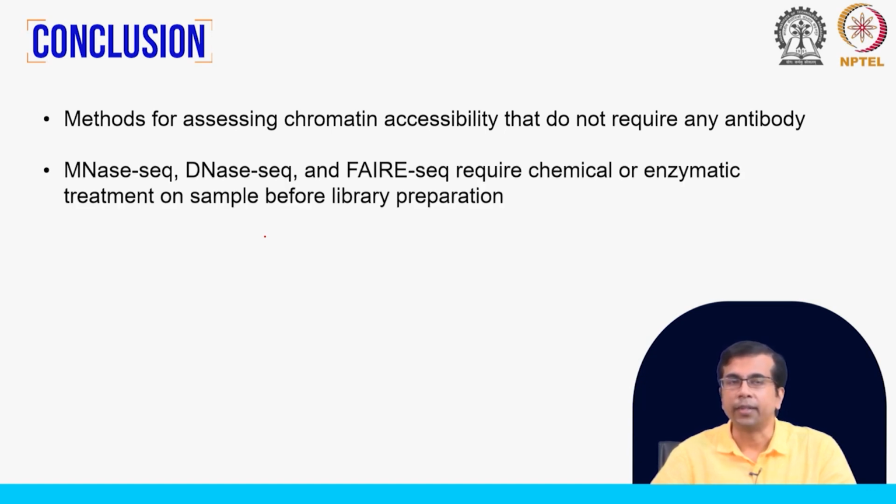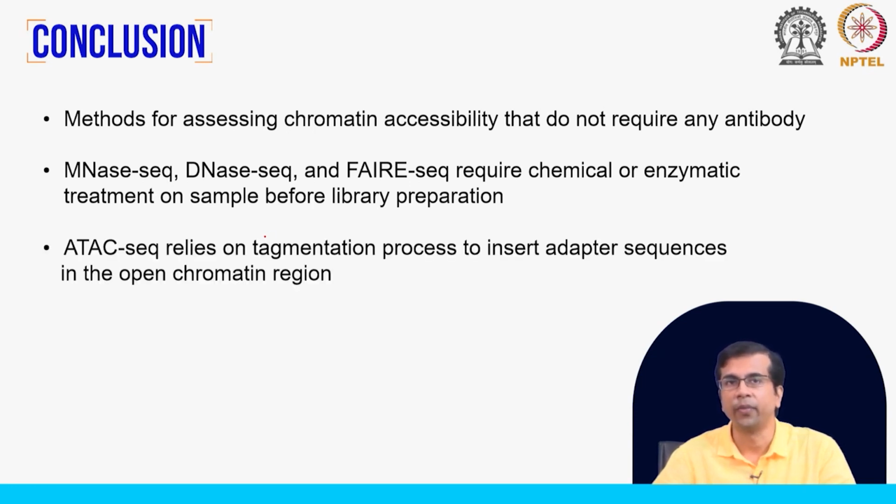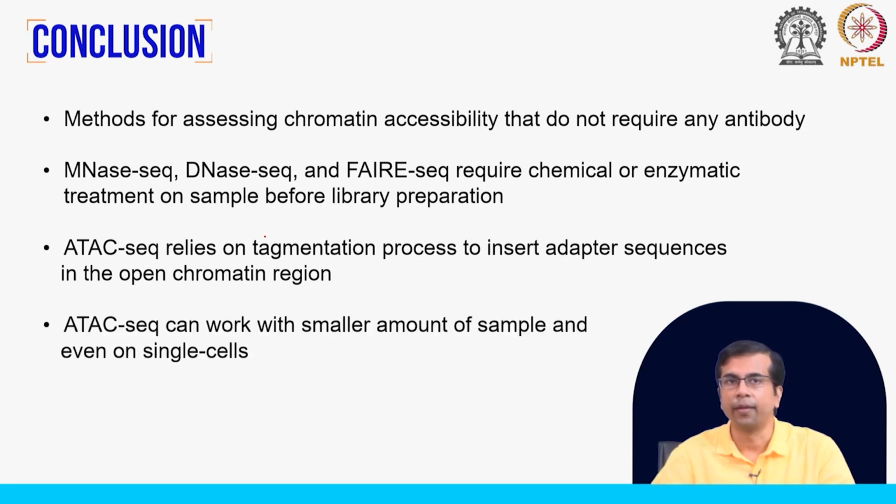We have discussed MNase-seq, DNase-seq and FAIRE-seq. They require chemical or enzymatic treatment before library preparation. ATAC-seq relies on a process called tagmentation, which is tagging plus fragmentation. This enables insertion of adapter sequences directly into the DNA, and this happens preferentially in open chromatin regions, because closed chromatin is not accessible to the transposase enzyme.